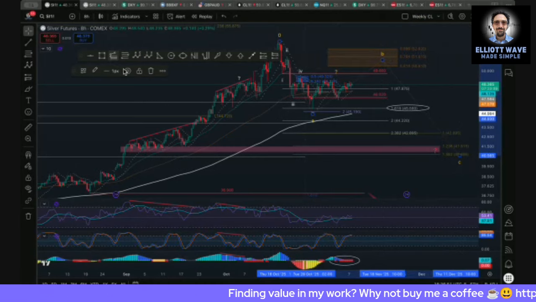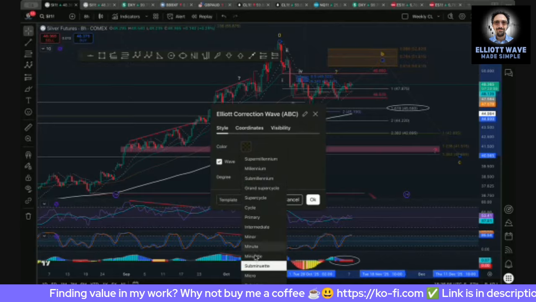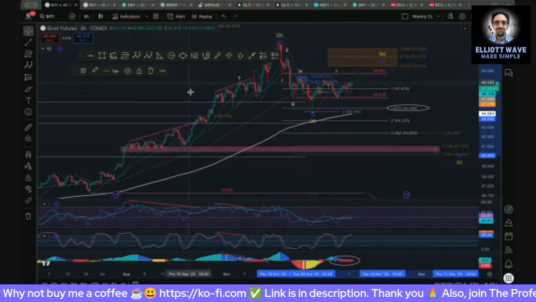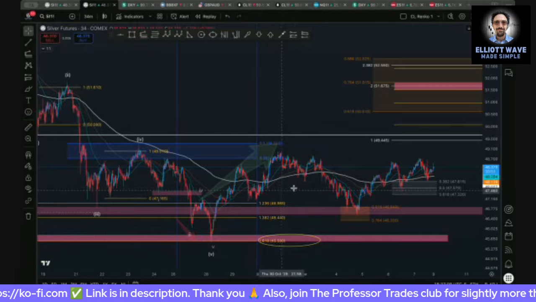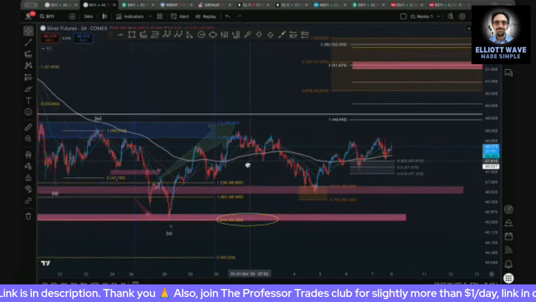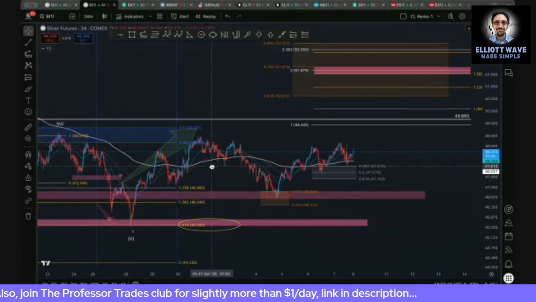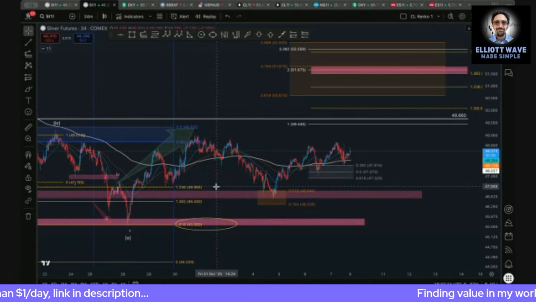So this is why I am looking at the 34-minute chart and thinking this is a B wave. And the way this price action is unfolding in here, once you've done this long enough, B waves are variable waves, as are waves 4. B waves are difficult to count, they're difficult to measure, and they can be composed in a lot of different ways.